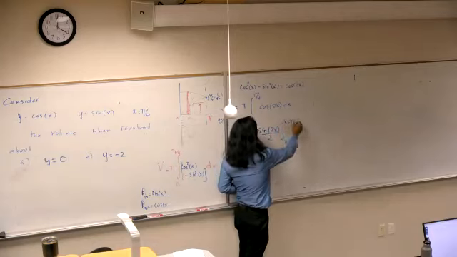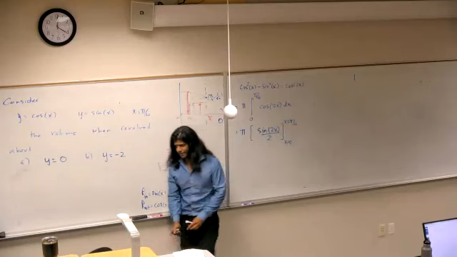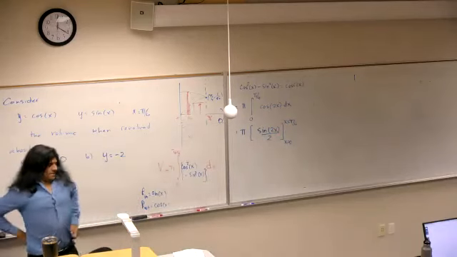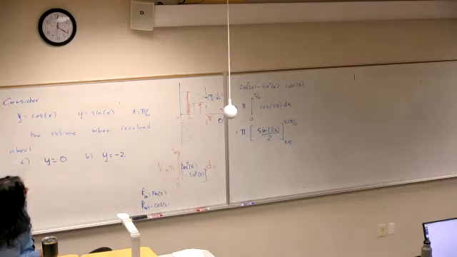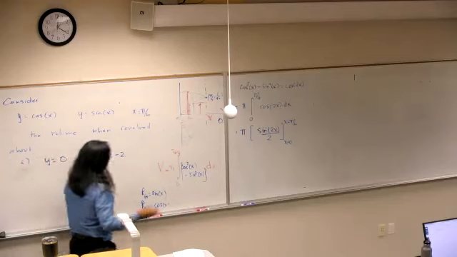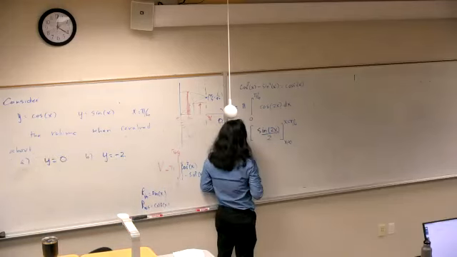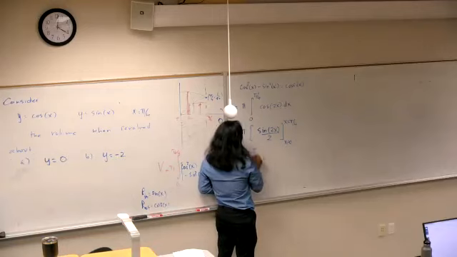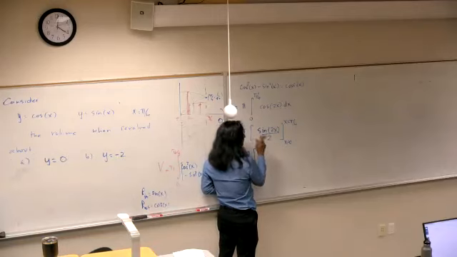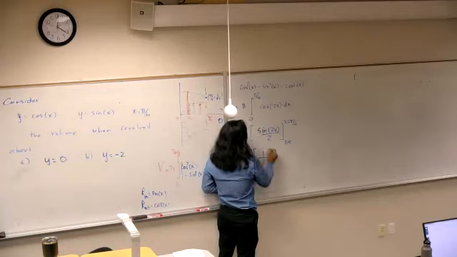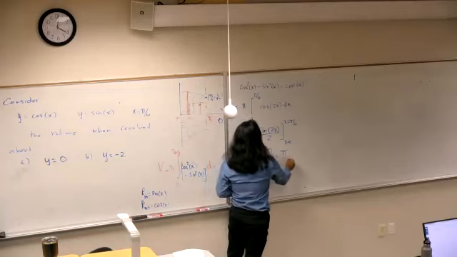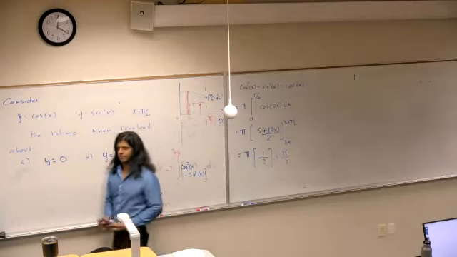X is equal to pi over 4. Lower limit, if you put x is equal to 0, sine 0, 0. Upper limit, if you put pi over 4, you'll get pi over 2. So pi times sine pi over 2 is 1. 1 over 2. So we get pi over 2.